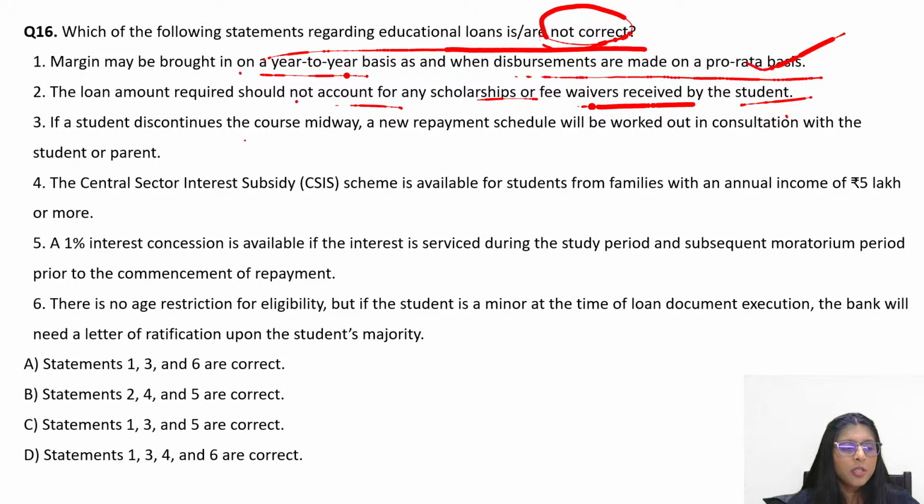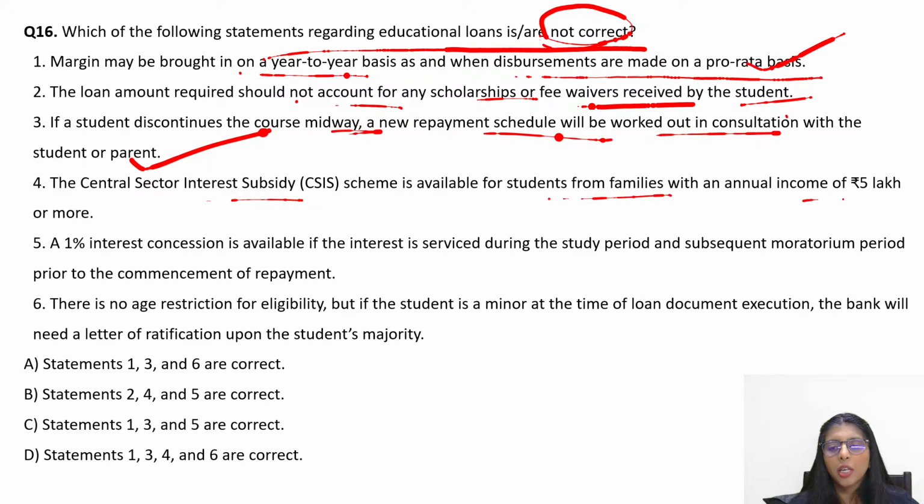If a student discontinues the course midway, a new repayment schedule will be worked out in consultation with the student or a parent. It's correct. The central sector interest subsidy scheme is available for students from families with an annual income of 5 lakh or more. No, the income limit is 4.5 lakhs, not 5 lakhs. Basically, it's 4.5 lakhs or less.